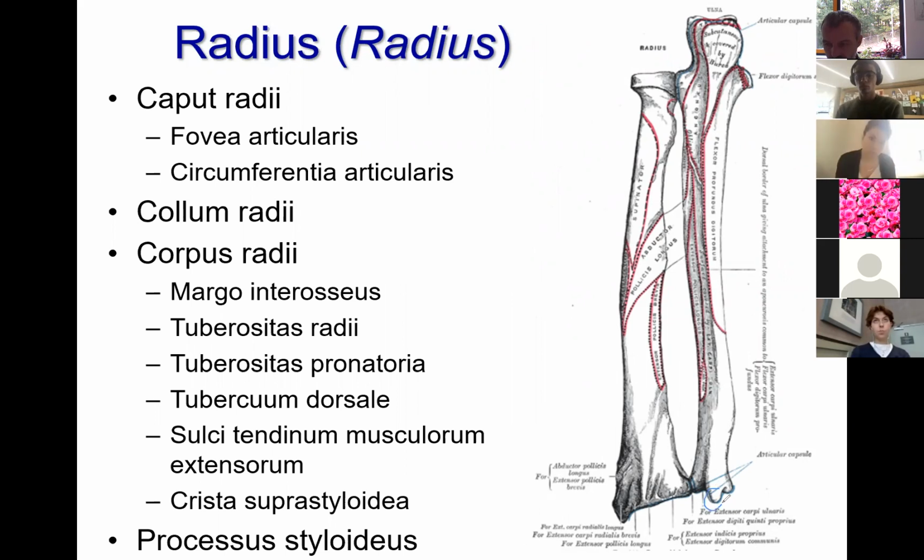So this is the styloid process of ulna. This is the styloid process of radius. And it's an apophysis. Now we know that apophysis is a part of the bone with special ossification centers. So it ossifies later. And it can fracture. You can easily palpate when you find your wrist. You move to the sides and you press it with two fingers. You can feel on the sides the styloid processes here.